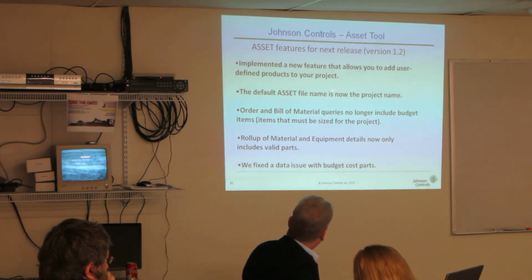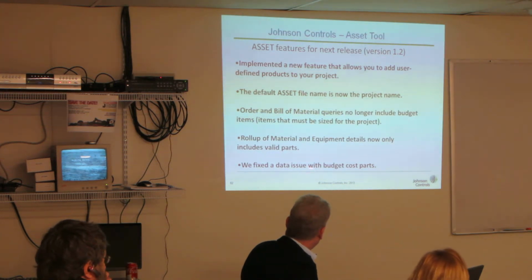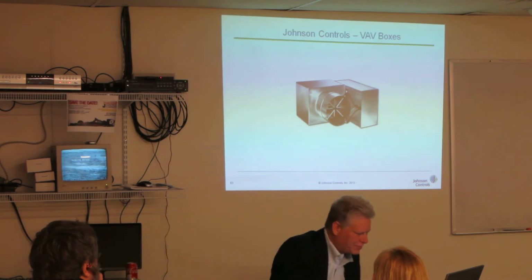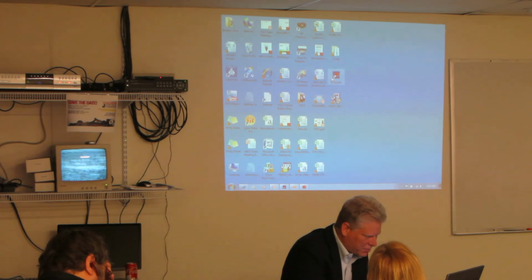The default asset file name is now the project name, which is kind of quirky, nothing big. The bill of material queries no longer include the budget items. Roll-up material and equipment details now only include valid parts. And there were some data issues with budget costs, so that's good. I am going to go out to the asset tool real quick.